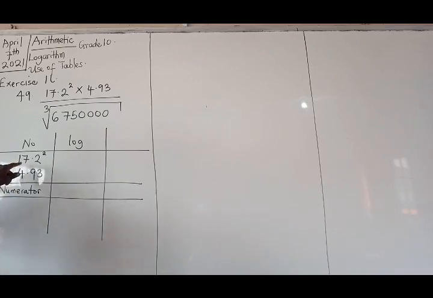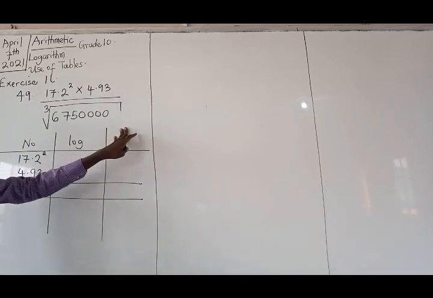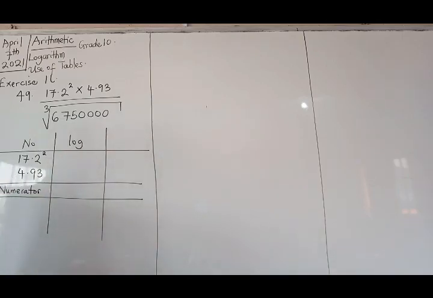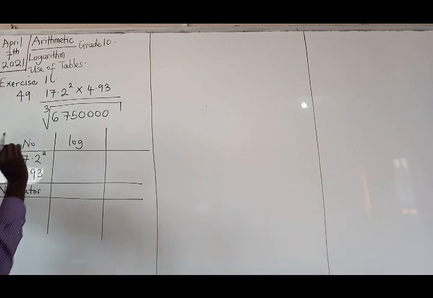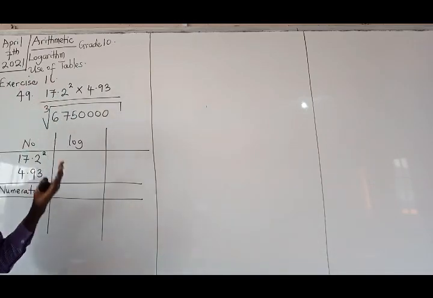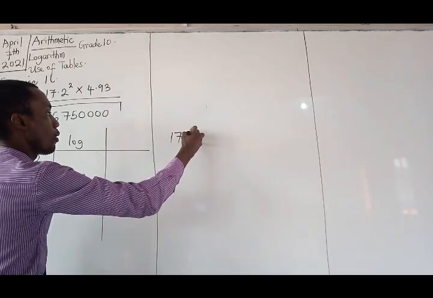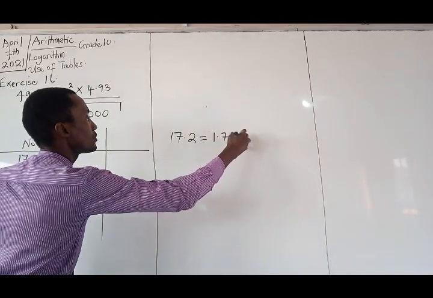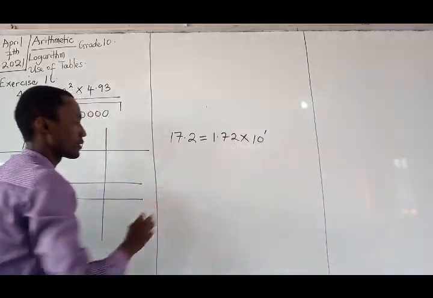Now, for your first step, we've said that your understanding of logarithm is built on the concept of your standard form. So you need to look at 17.2 and try to imagine what it will be in standard form. So 17.2 would be 1.72 times 10 raised to the power of 1. Why?